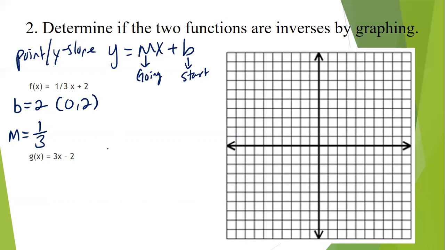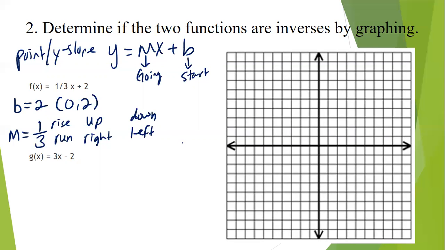That tells me where I'm going. So that's my rise and my run. Because they're both positive, to create my line, I'm going to go up 1 and right 3. And then I'm going to go down 1 and left 3. And that's because they're both positive.